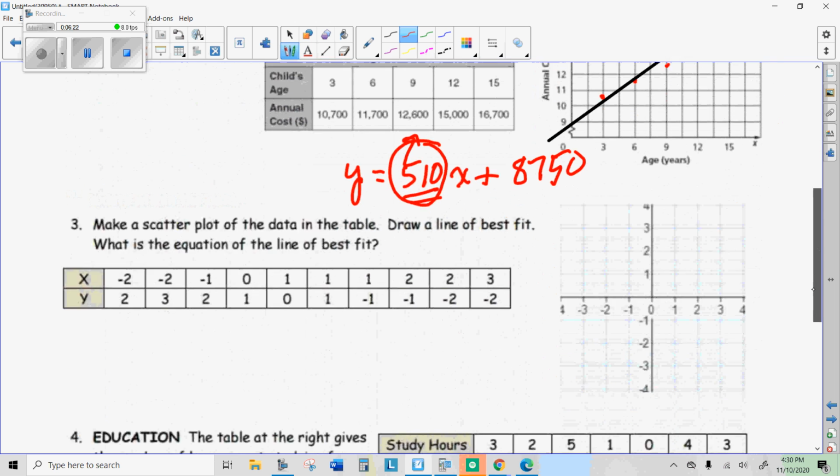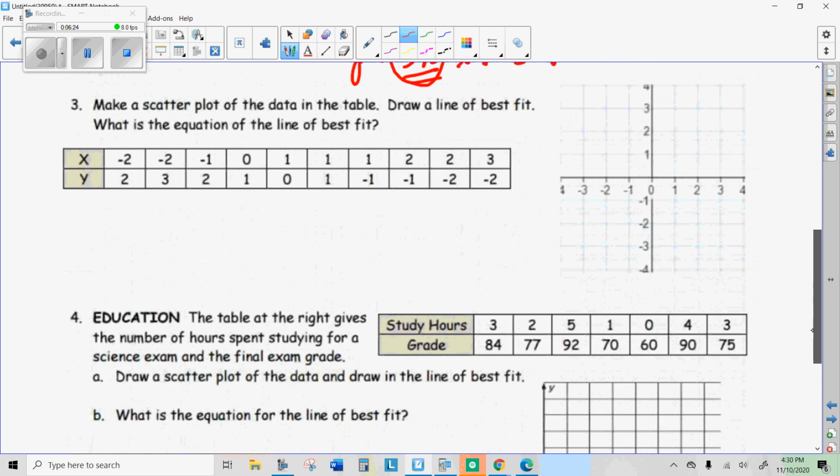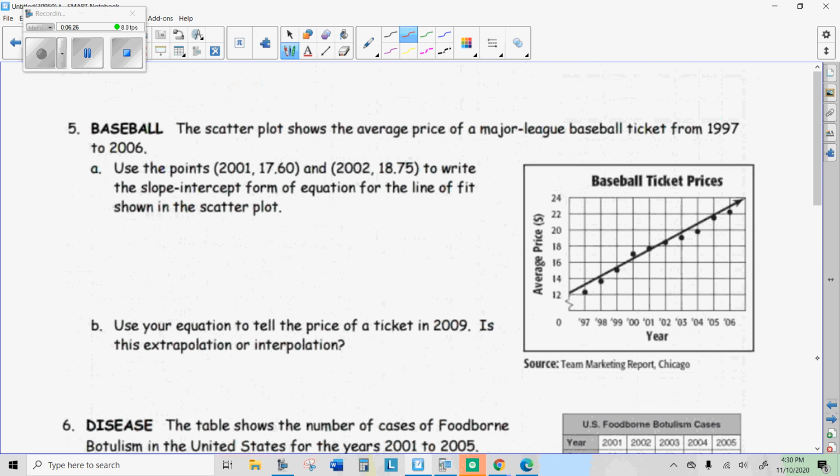All right, I'm going to go to the next page and do number 5 with you. So we want to write the equation, and we can go ahead and use our calculator to do this. They say use these 2 points. That's fine. You can still use your calculator. So I'm going to enter those 2 in there.